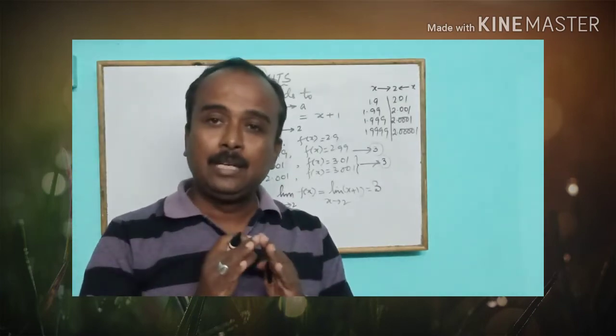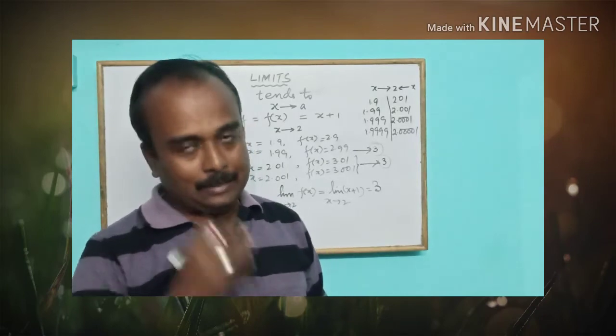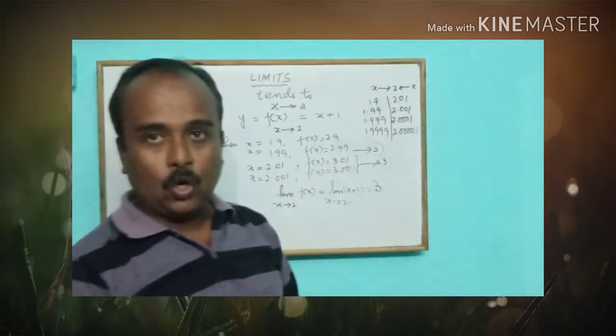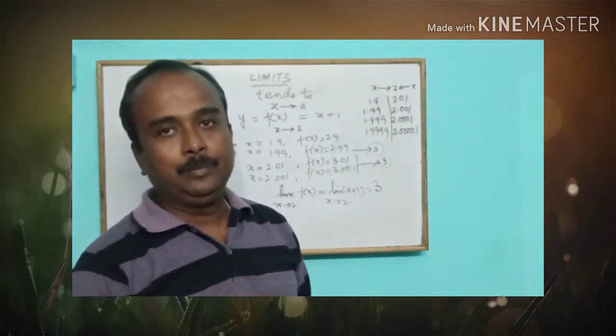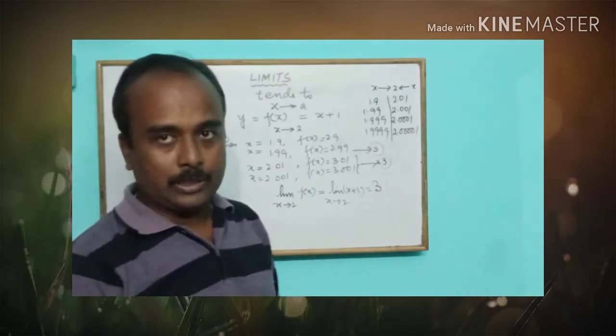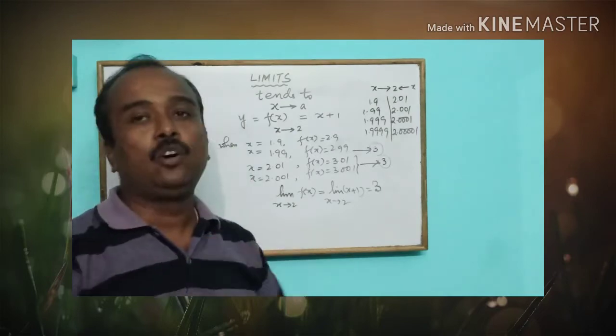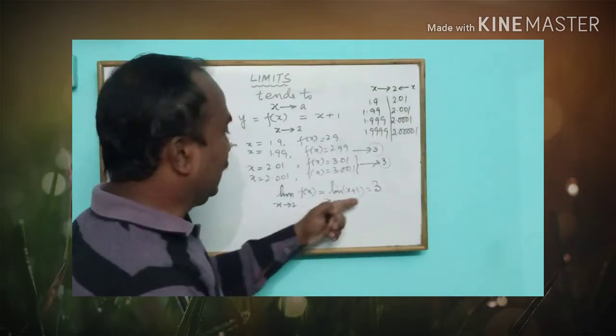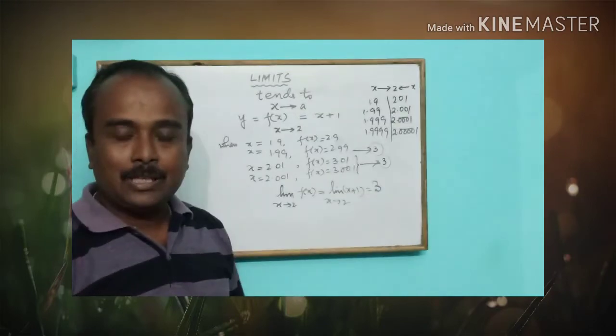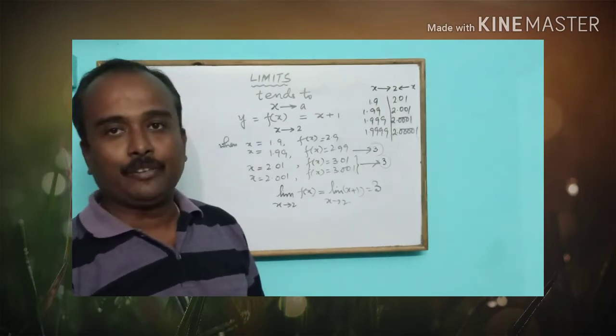So this is the concept of limit. That is, when the independent variable tends towards a constant, then the function also approaches a constant, and that constant is known as the limit of the function.